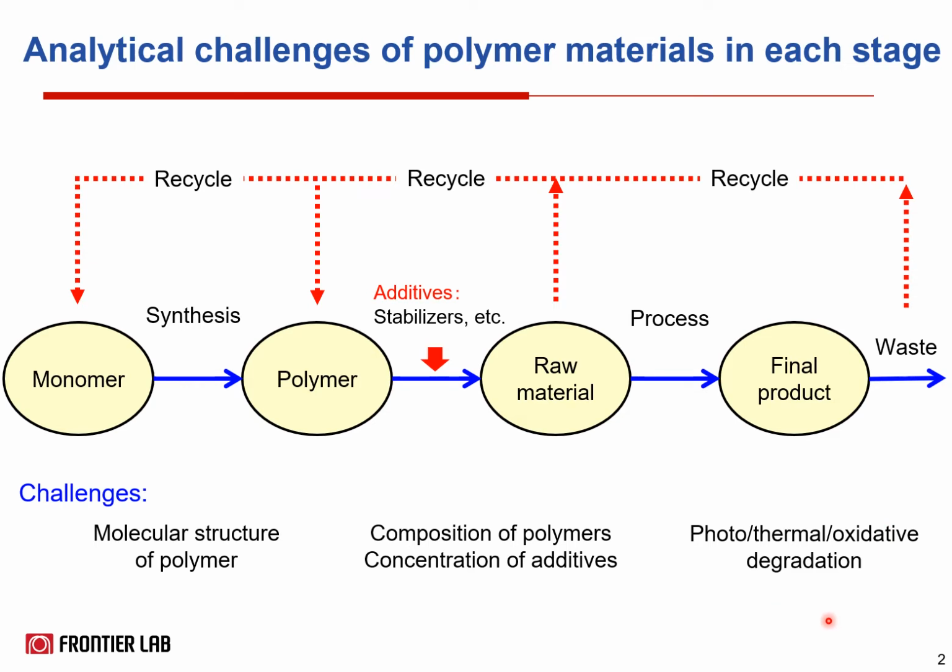Especially for practical polymer materials, it is very rare that the polymer material is used as it is. This is because the polymer material alone lacks long-term storage stability, weather resistance, practicality, and so on. Therefore, it is also important to quantify additives for product improvement and failure analysis.